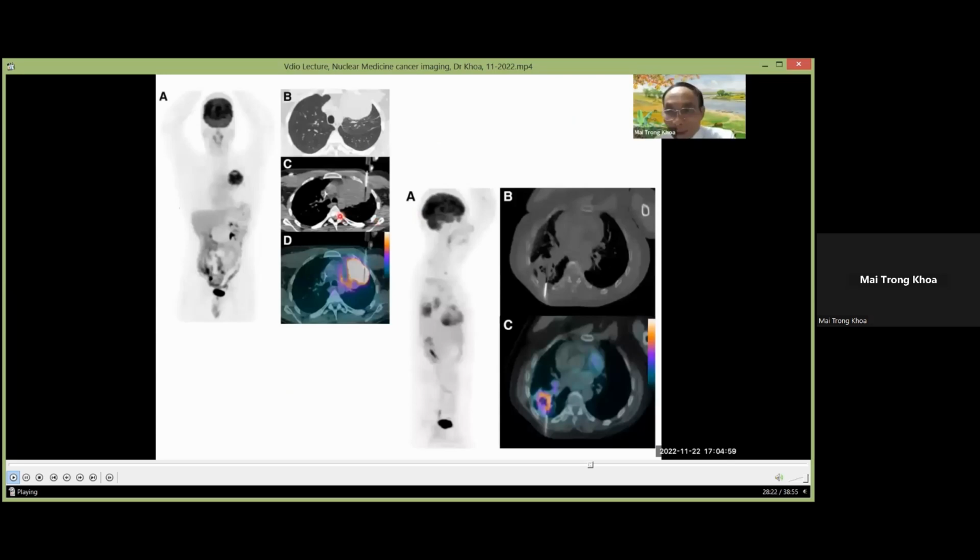You can see here, under the guidance of opacity, we can easily insert the right biopsy needle into the area with the highest concentration of opacity of FDG. So the biopsy result is much more accurate than if we use CT only.